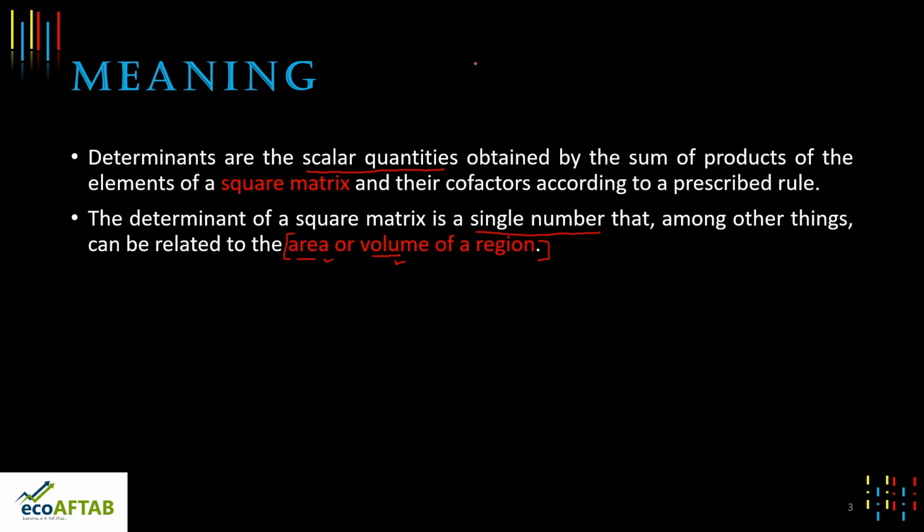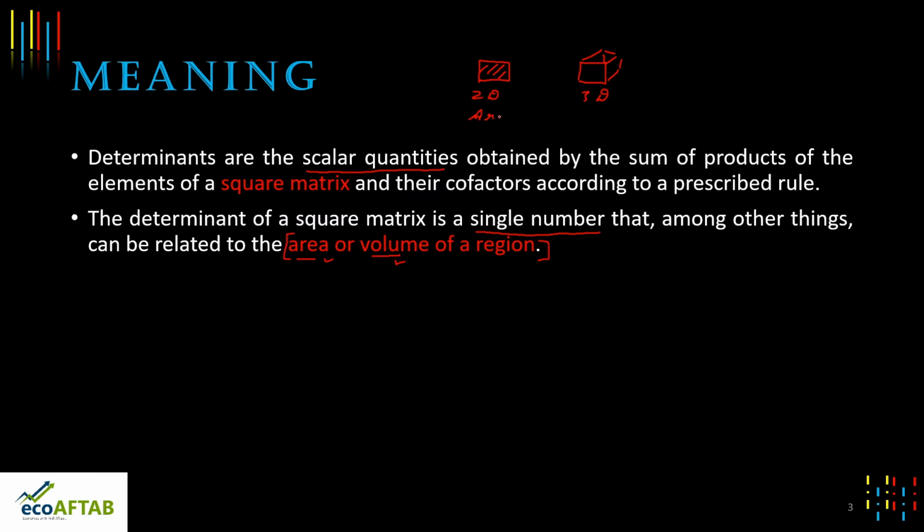So, here friends, this is a square thing. What is the area of this square thing? Here it is two dimensional, so we call it area, but if the same thing becomes three dimensional, then we call it volume.